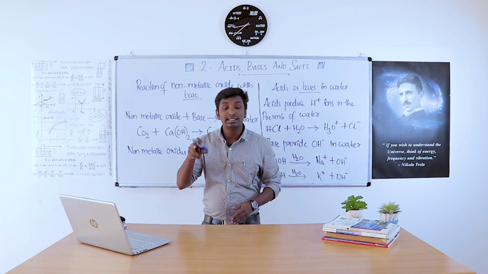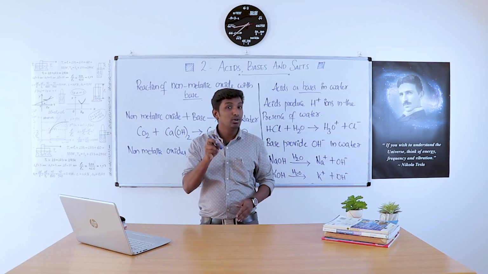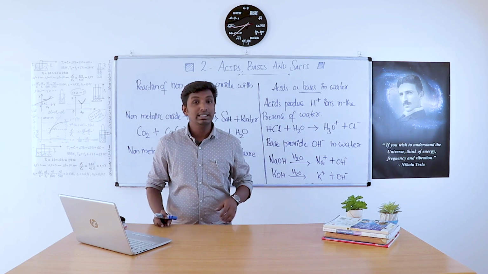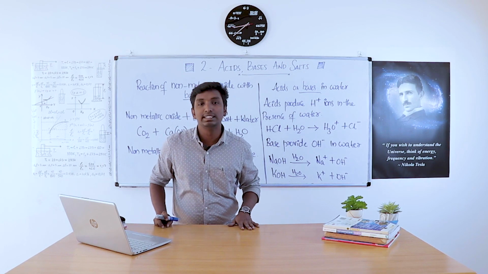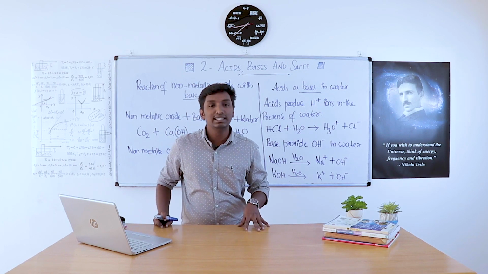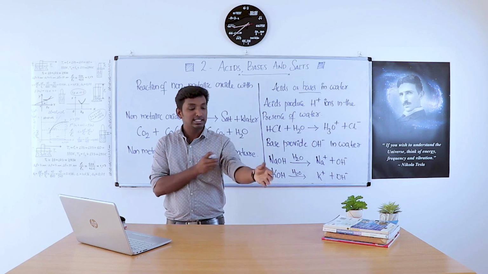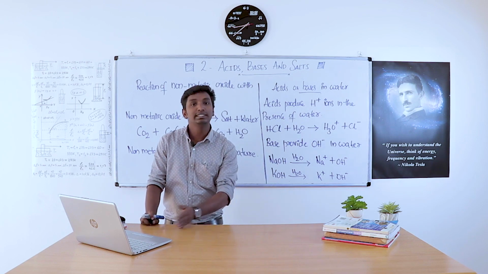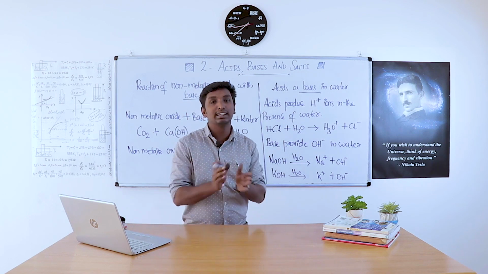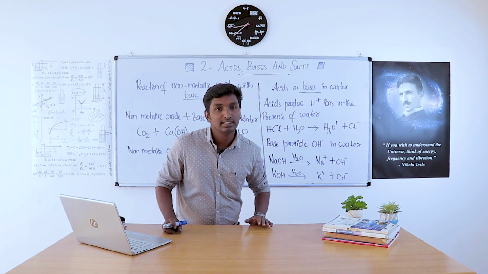So that simply means that a non-metallic oxide is acidic in nature. If a non-metallic oxide is acidic, then acid plus base gives salt and water. The reaction is correct and is neutralization reaction.